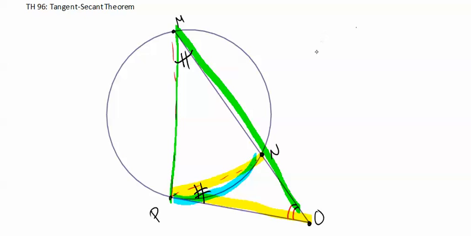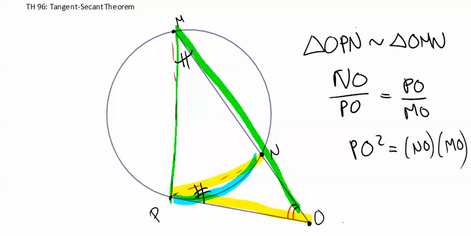That means that triangle OPN is similar to triangle OMN. Therefore, the proportions would be equal, and PO squared equals NO times MO.